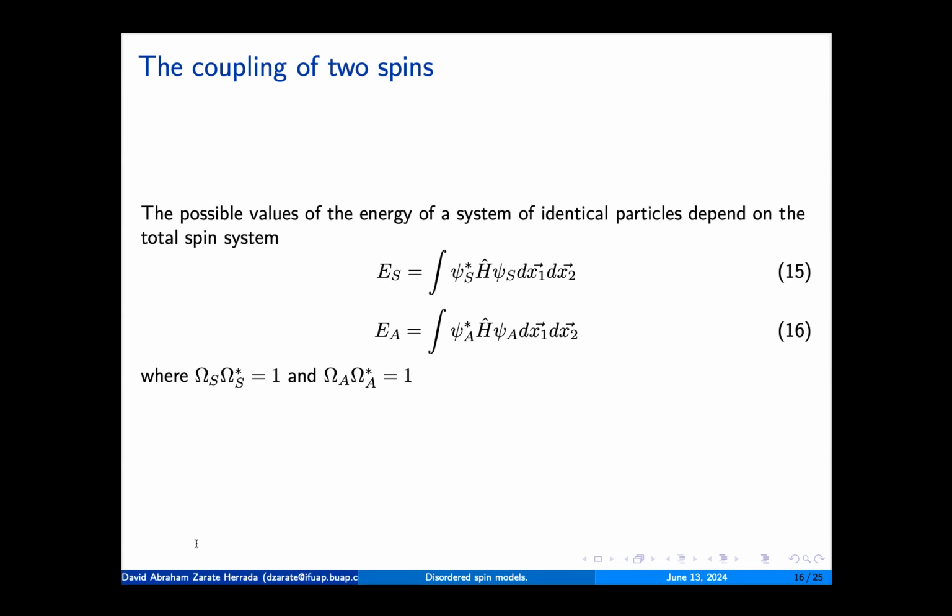We can get the energy for the symmetric case and the energy for the antisymmetric case, where this condition is true.